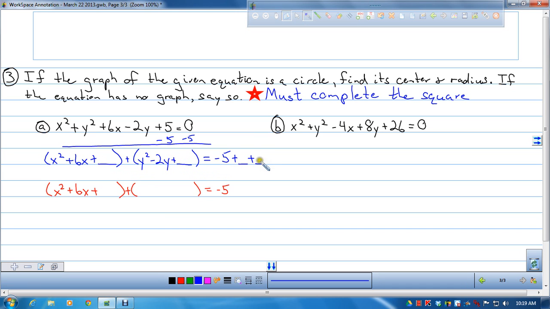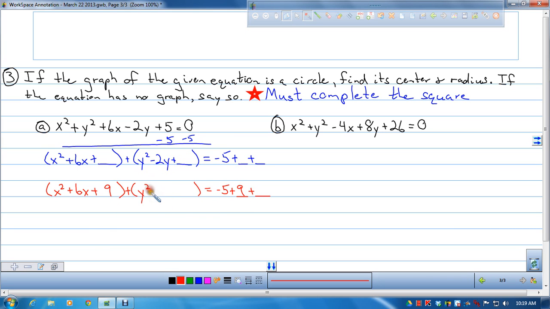That will keep us from forgetting. So, divide this coefficient by 2, which will give me 3, and then square it. That'll give me 9. Don't forget to add 9 over here.